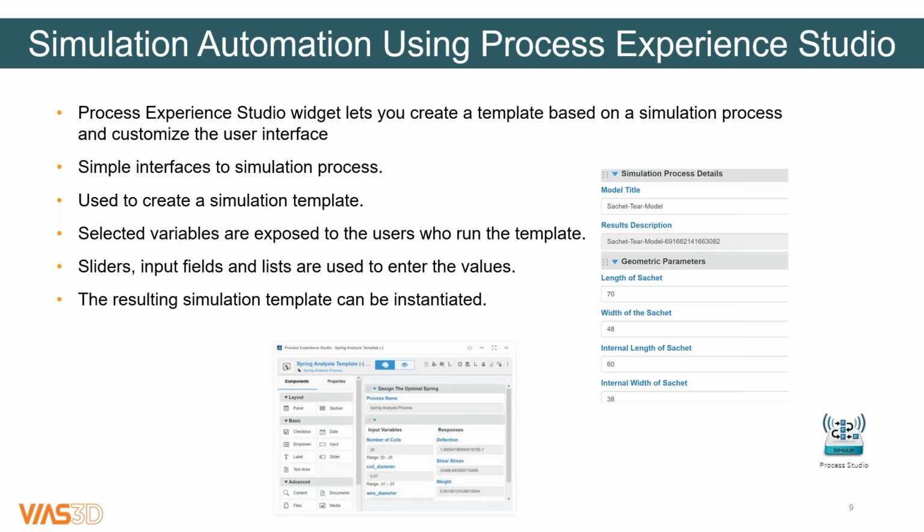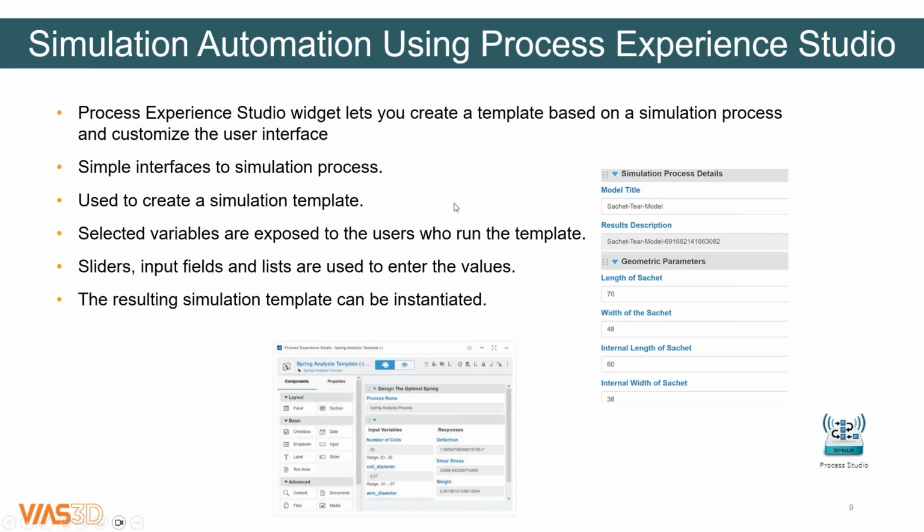Again, it's a very simple widget to use, and it lets you create a custom template based on your input and output parameters. So you connect these input and output values to your parameters, and these parameters you take from the Process Composer, and then you instantiate the template.